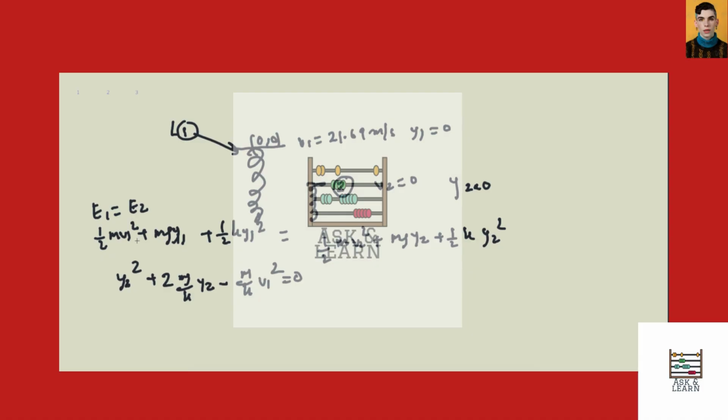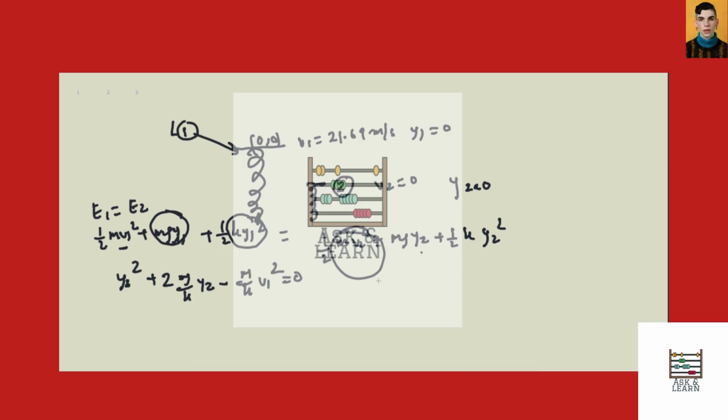In fact, we see that y1 is 0, therefore this term is going to cancel. And there is no elastic stretch at this point, therefore this term is also going to cancel. We'll get half m v1 squared. On the other side, the kinetic term is going to cancel as well, as v2 is 0. We'll have mg y2 and half k y2 squared. Divide everything by k, and rearranging, we get this equation.